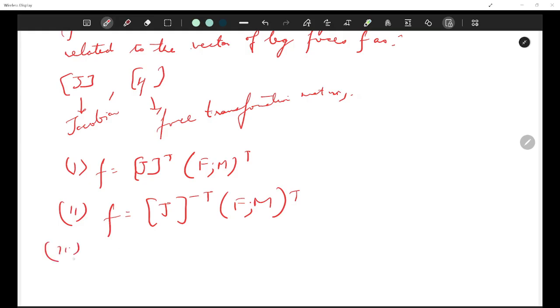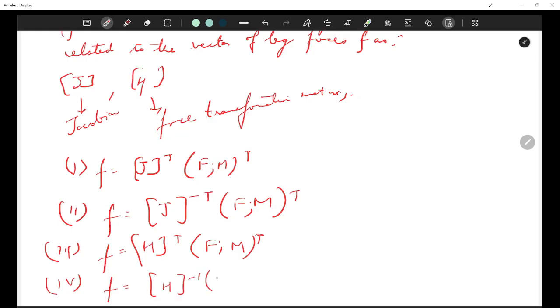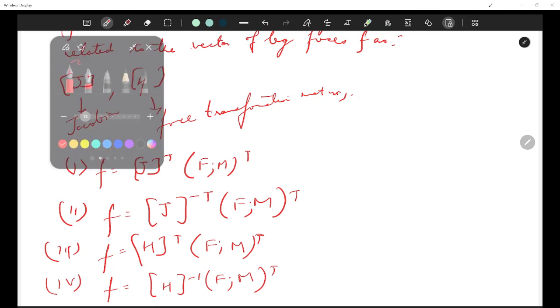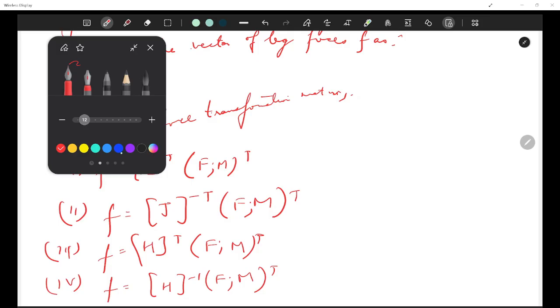The third option is H transpose, F and M transpose, and the fourth option is F is H inverse, F and M transpose. So I think I do not need to go through it, and the option must be very clear to you. What is the correct one?